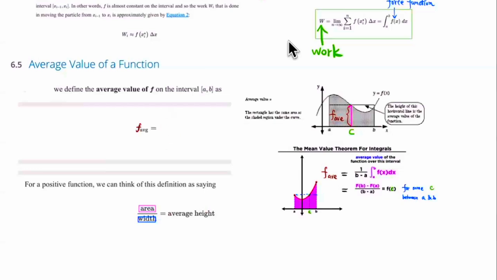So the formula: the area is the integral from A to B, think about the pink one right here, divided by the width, which is B minus A. Then you get the average value of the function.